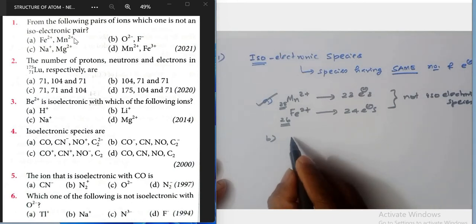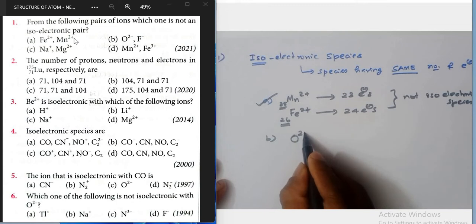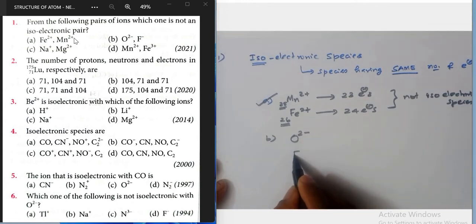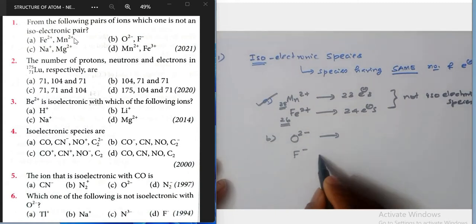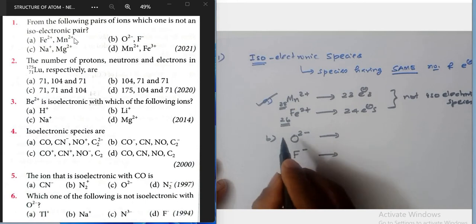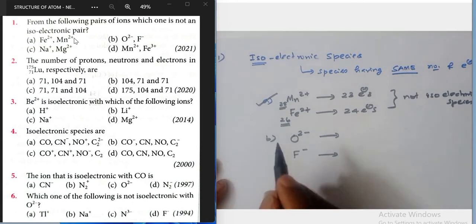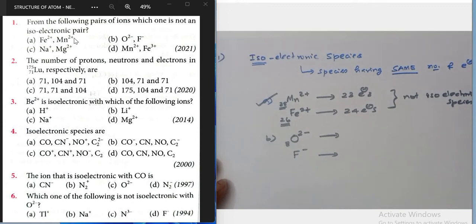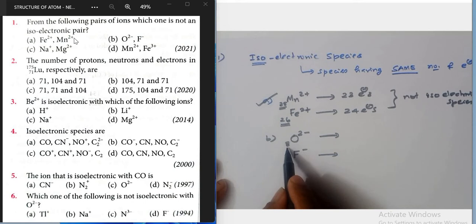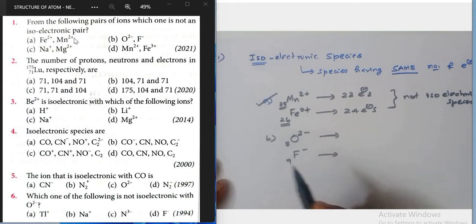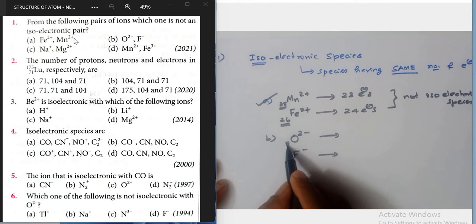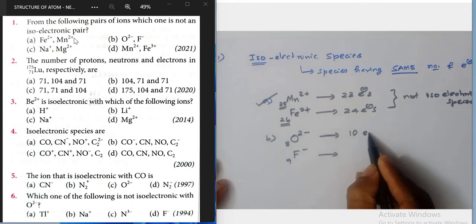See option B. In option B, two ions are given, O2- oxide ion and F- fluoride ion. Minus charge means electrons are added to the neutral atom. Keep that in mind. Oxygen atomic number 8, fluorine atomic number 9. Neutral oxygen has 8 electrons, but now there is a 2- charge, so 2 more electrons are added: 8 plus 2 gives 10 electrons.